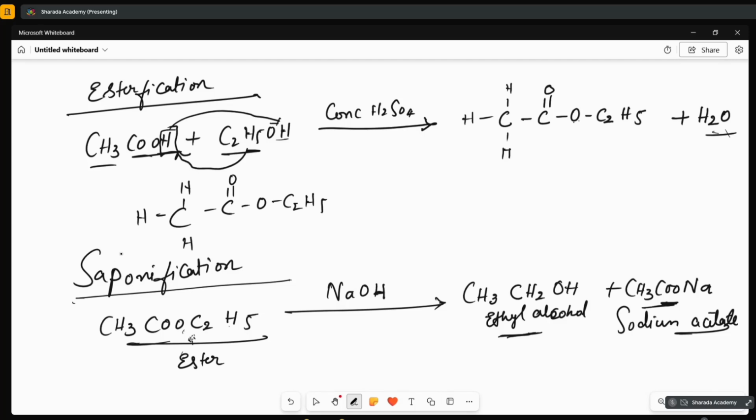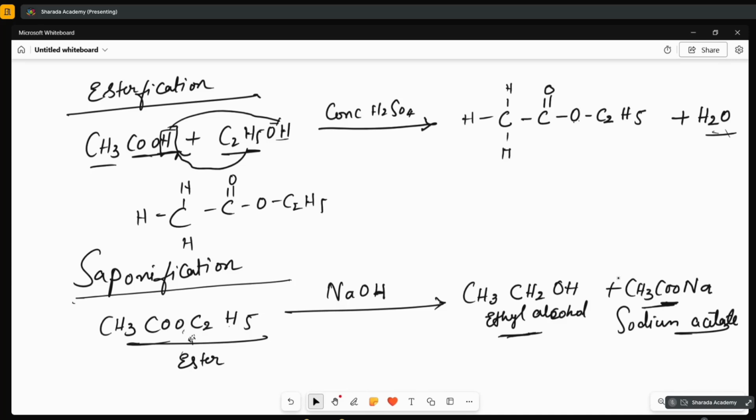Again, I repeat, listen here. Ester, when it reacts with NaOH, what will you get? We'll get ethyl alcohol plus sodium acetate. So this reaction, they call it saponification. What is the reason? Because sodium acetate is used in soaps. So ester, they will use as a raw material. When it combines with NaOH base, it forms ethyl alcohol plus sodium acetate.